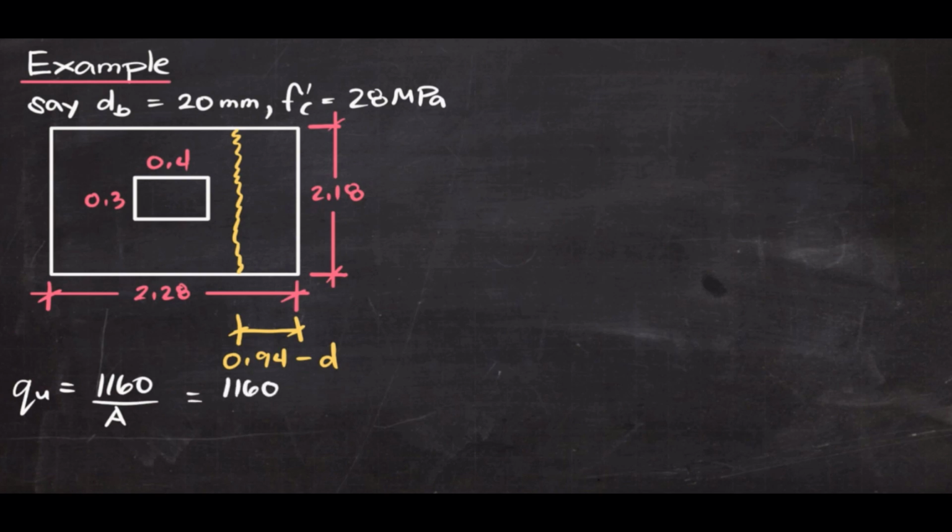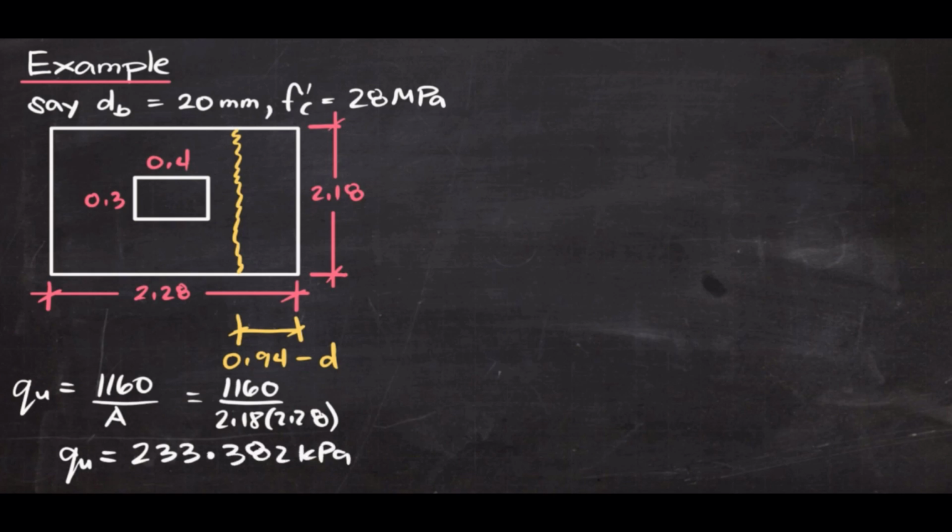So we have 1160 over 2.18 by 2.28. So Q sub u, or the ultimate concrete pressure or stress, would be 233.382 kilopascals.